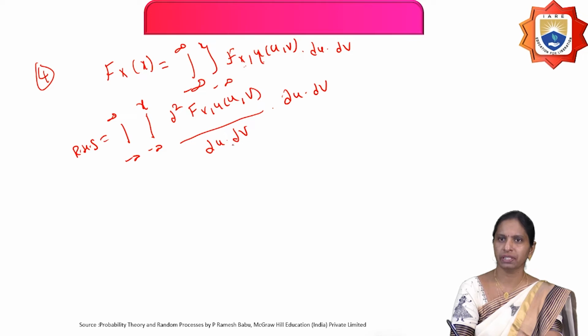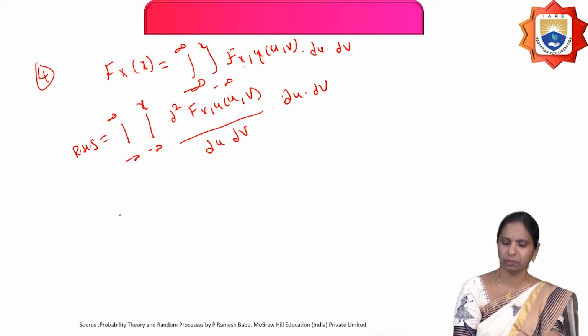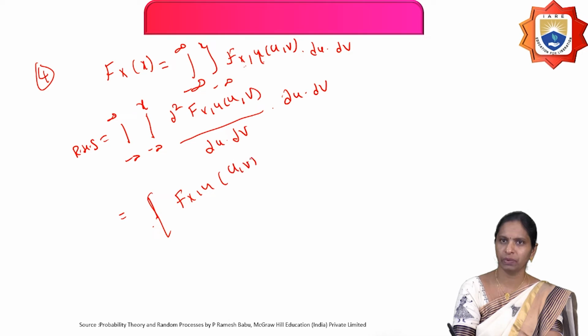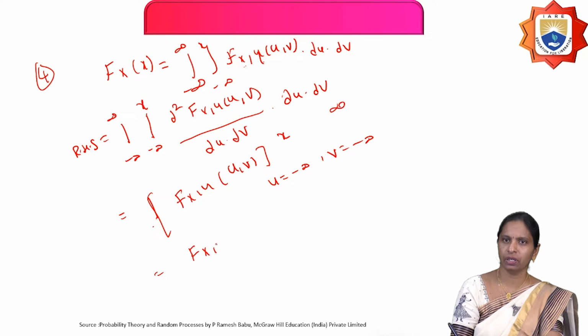Since the differentiation will get cancelled, what can you obtain here? Integration, so those are cancelled. Then you obtain fxy of u comma v, with the limits of u from minus infinity to x and the limits of v from minus infinity to infinity. Therefore, just substitute the upper and lower limits.